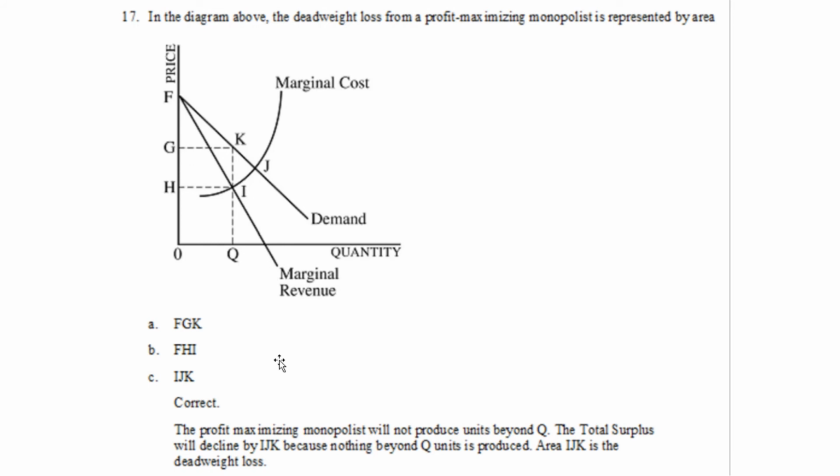So the profit maximizing monopolist will not produce units beyond Q. Here, the monopolist would choose quantity Q, where marginal revenue equals marginal cost, and the price will be G. However, the total surplus will decline by IJK because nothing beyond Q is produced. Area IJK is the deadweight loss. It's the total surplus loss by not producing beyond Q.